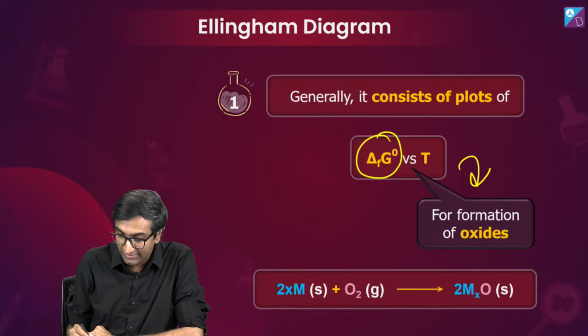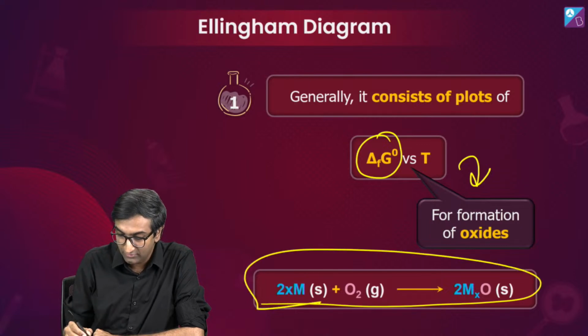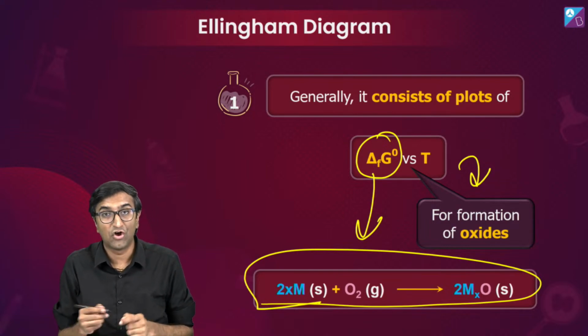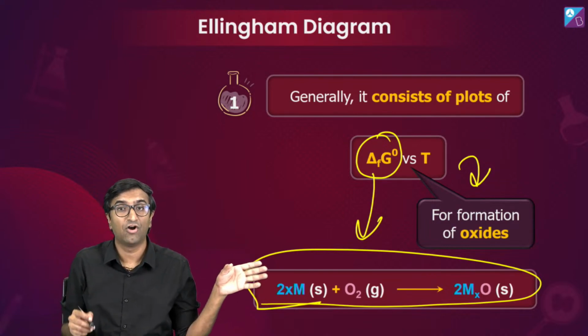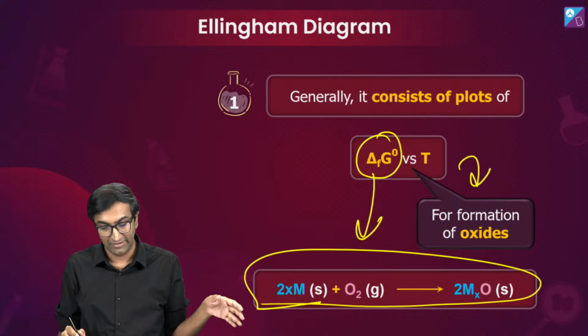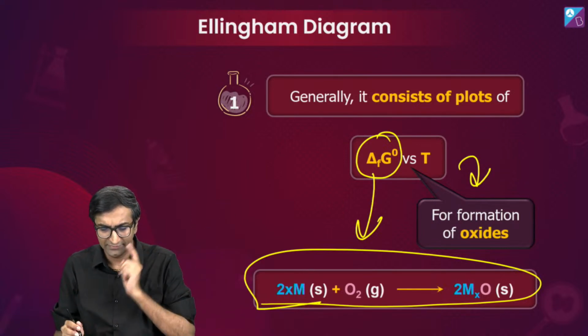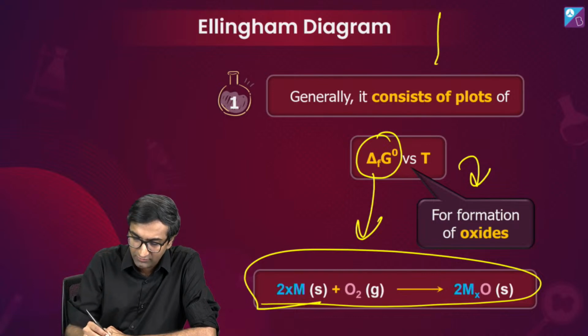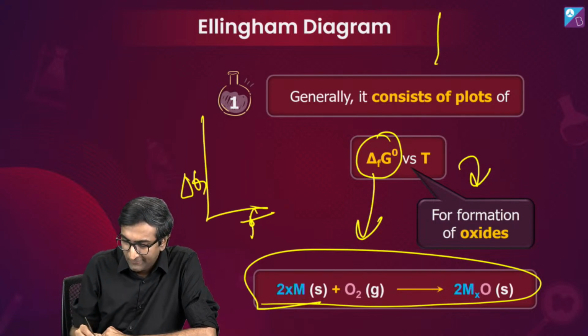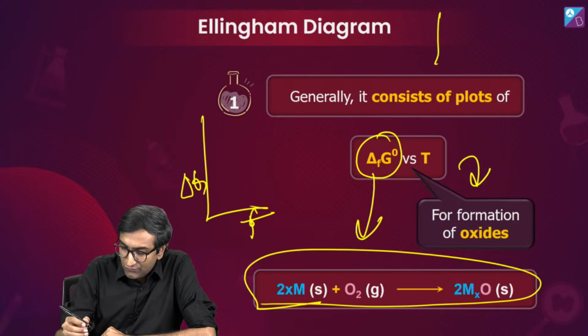And now here you have this main reaction over here. For this reaction you plot the delta G, यानी कि metal plus oxygen giving me metal oxide. इस reaction की delta G मैं plot कर रहा हूँ for many different metals. Now, how will this look like? If I plot, say, delta G versus T, okay? Say delta G की कुछ value है.